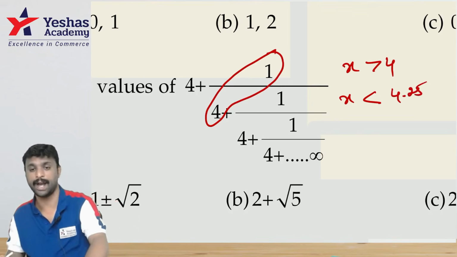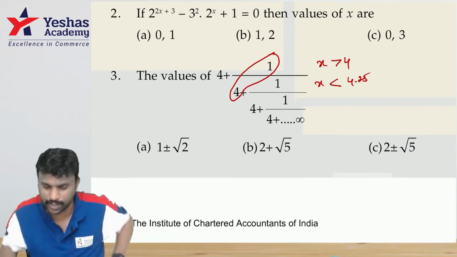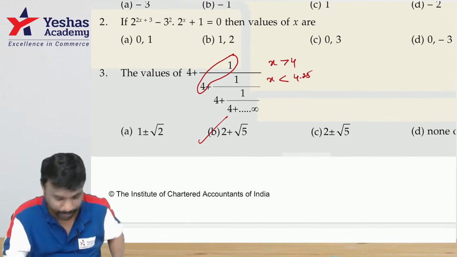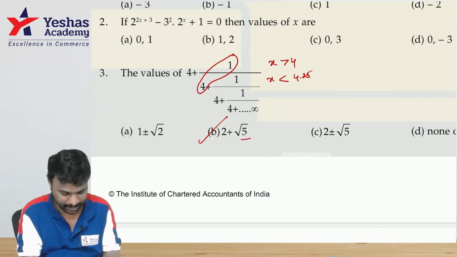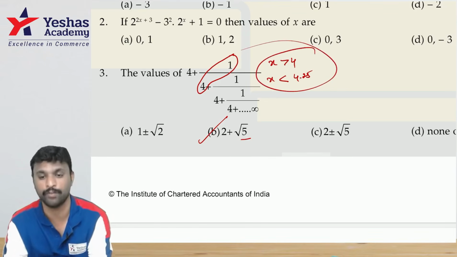So definitely the answer is going to be between 4 and 4.25. Which option is between 4 and 4.25? It's clearly option B. If you want, you can just check. Type 5 in the calculator, press the root, plus 2, which is 4.23. Definitely it is between 4 and 4.25.